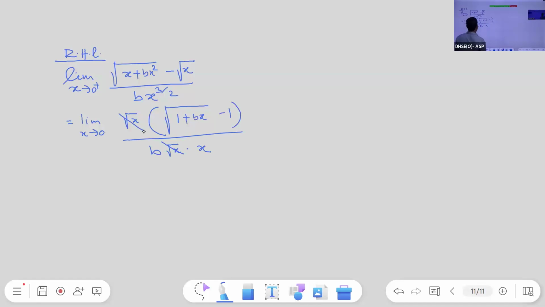Okay. So this is equal to limit x tending to 0 of under root 1 plus bx minus 1 upon bx. Already I have told you, whenever there is a root outside, rationalize.